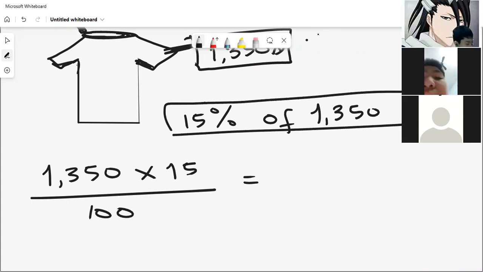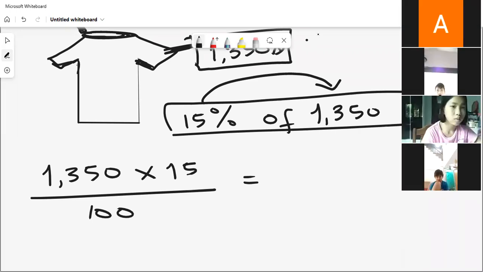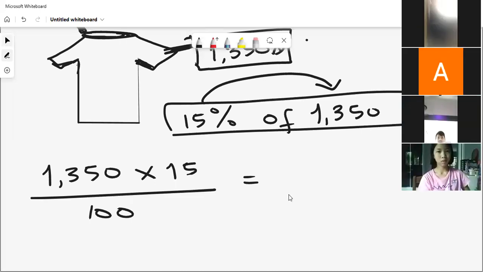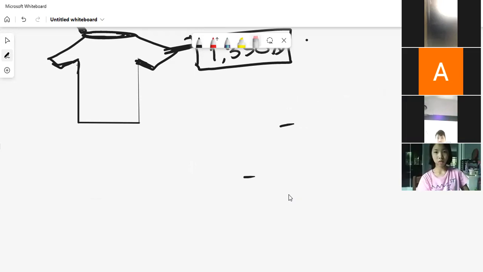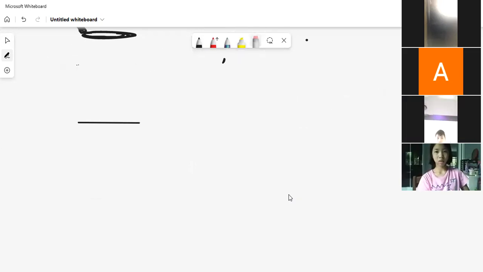This is 15% of 1,350. Okay, so you understand now. Don't worry, we will not multiply. All I want here is for you to understand how to get the percent of a number.